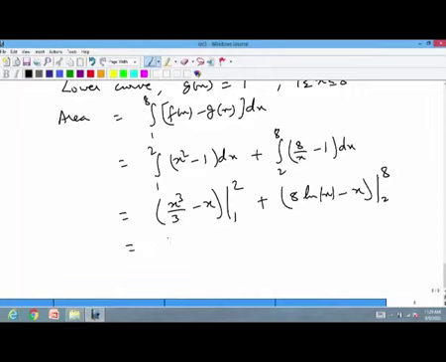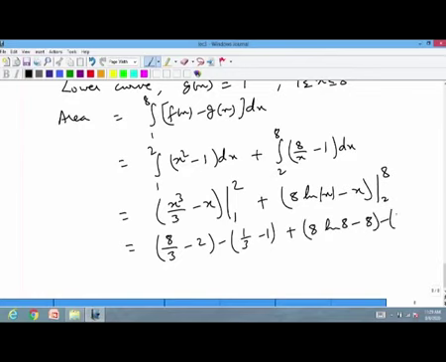This is equal to 8 by 3 minus 2 minus 1 by 3 minus 1 plus 8 log 8 minus 8 minus 8 log 2 minus 2.